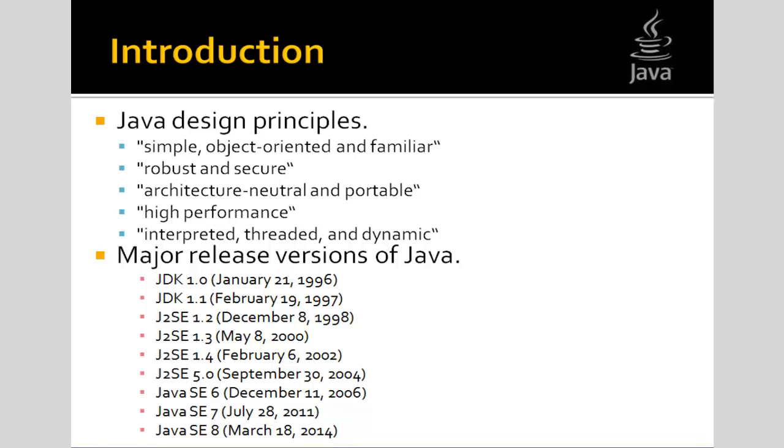And they wanted the language to be familiar, so they didn't want to develop new semantics for programming or unfamiliar syntax. Java follows many of the syntax rules that other languages follow, and it looks very familiar if you have any programming experience with other languages. They wanted to design a language that was robust and secure.